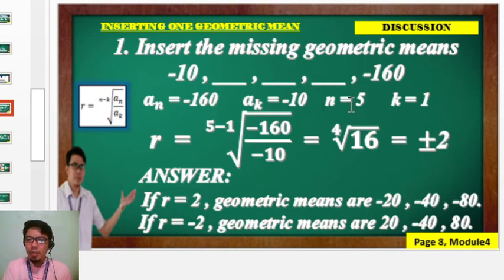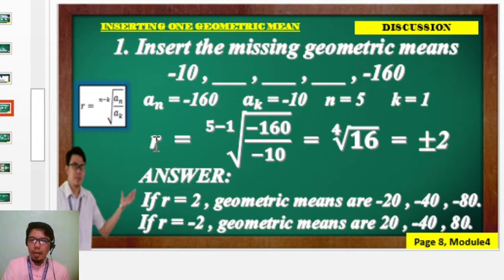And n is equal to 5. So 1, 2, 3, 4, 5. That's why n is equal to 5. K is equal to 1 because negative 10 is the first term. So k is equal to 1.